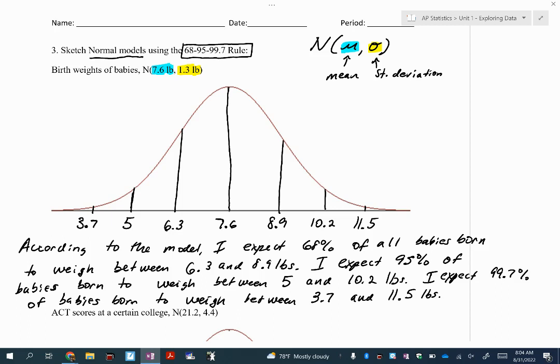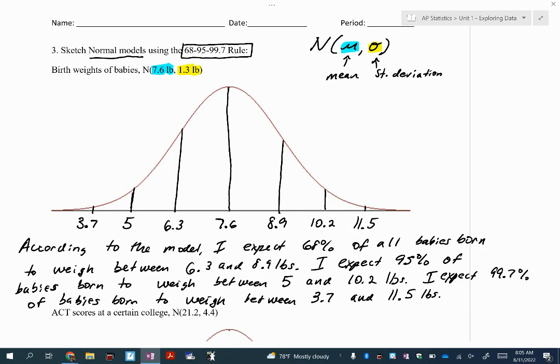All right. But let's say you or your sibling or your cousin or someone you know was born weighing 12 pounds. See how 12 is to the right of 11.5. So we would consider that baby's weight to be unusual, because they're so far to the right. Or let's say you have someone who weighed only 3 pounds when they came out. We have lots of babies that are currently born premature that weigh very little.